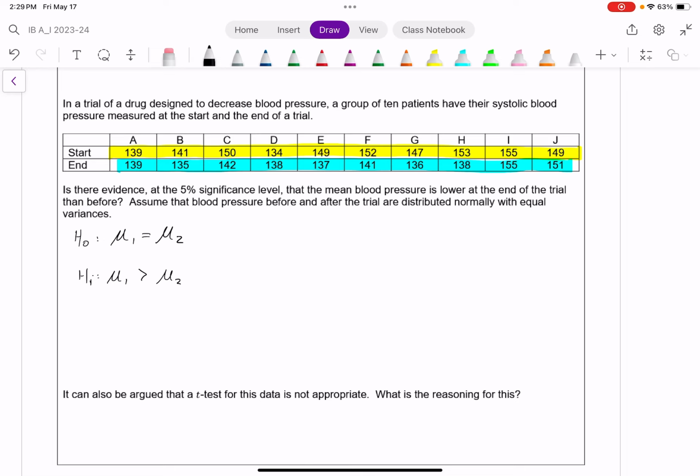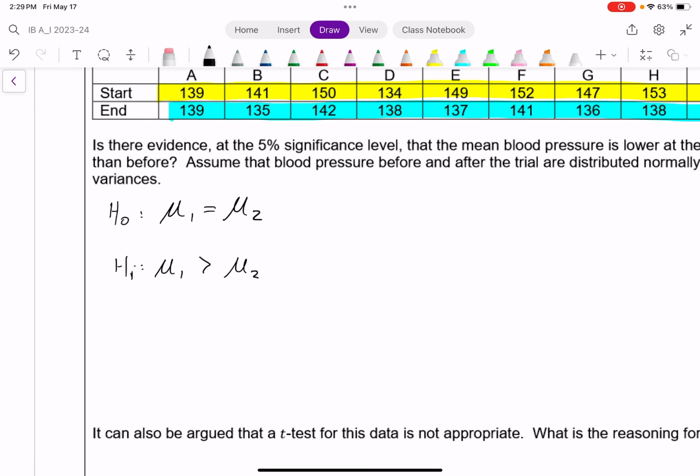Or perhaps, to be honest, I really should adjust my null hypothesis. Instead of saying they're equal, I should say that mu1 is not greater than mu2, which could mean they're equal, or it could mean that it's less than. By saying mu1 is not greater than mu2, that covers everything.